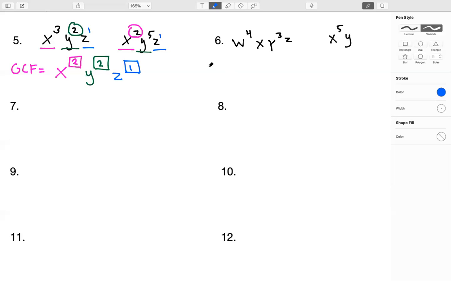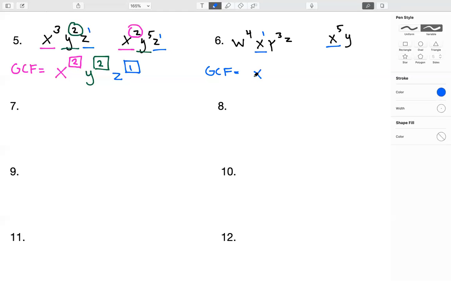So assuming you've tried, the GCF is, well, find the common variables. Is w in common to both? No, clearly not. How about x? Yes. Underline it. This is x to the 1, by the way.